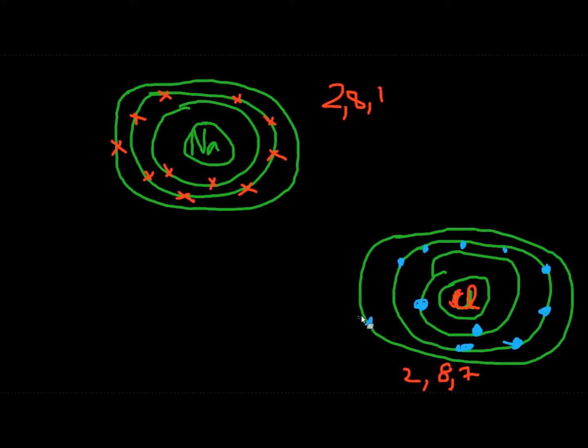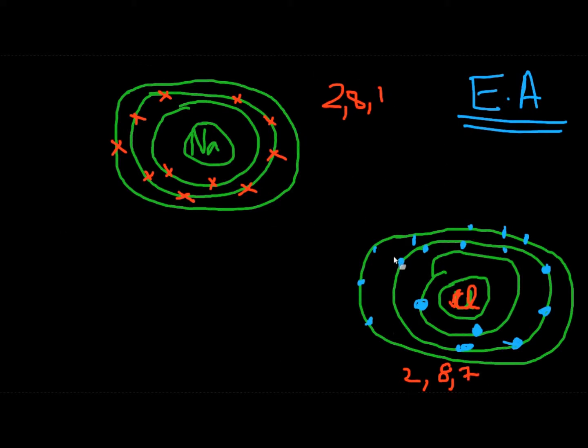And similarly, there will be 7 here: 3, 4, 5, 6, 7. Now guys, as we're discussing electron affinity, or again electron enthalpy, whichever way you want to call it, which one do you think would want to gain an electron and acquire a stable configuration?